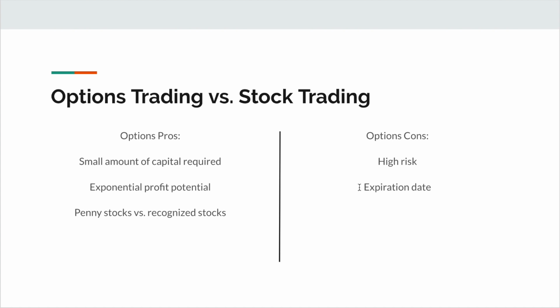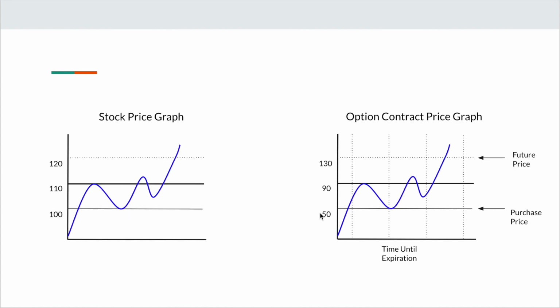If the expiration date approaches and the stock is nowhere near that strike price that you set, you're going to lose the premium that you paid. But you are only required to invest a small amount of capital to make a profit. As I showed you in this example, you risk 50 to make 40 rather than risking 400 to make 40.